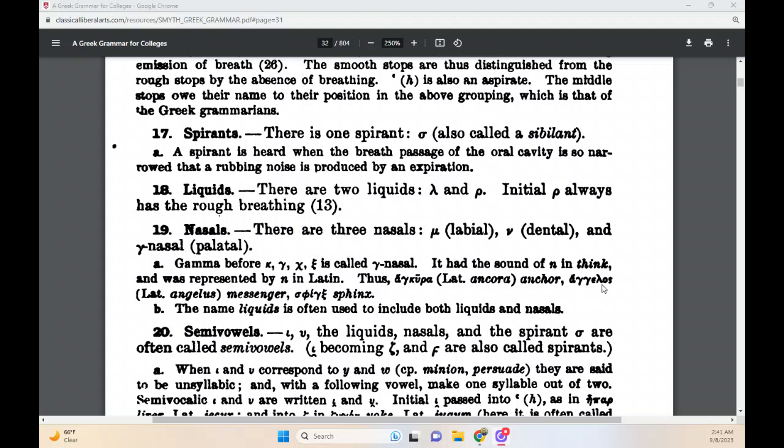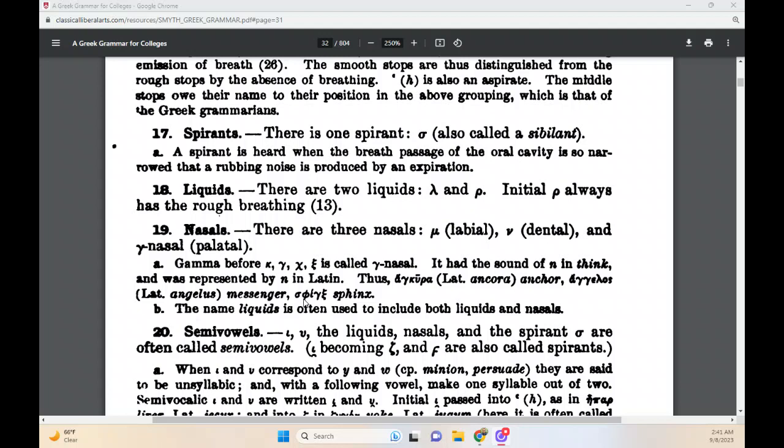But that's not correct because that first gamma is changed to gamma nasal. Angelos. And remember, that changes just to make pronunciation easier. Angelos. And that's the Greek word for angel, angelus.